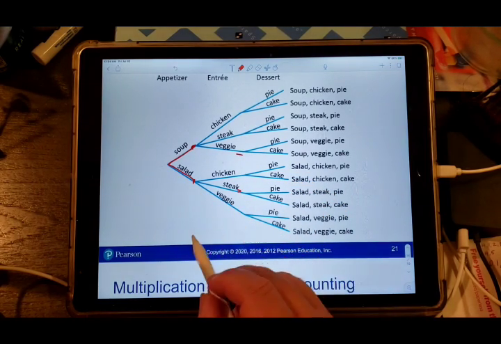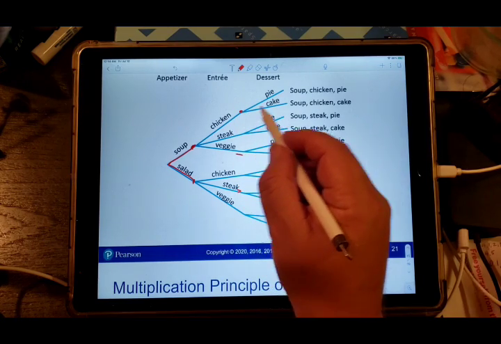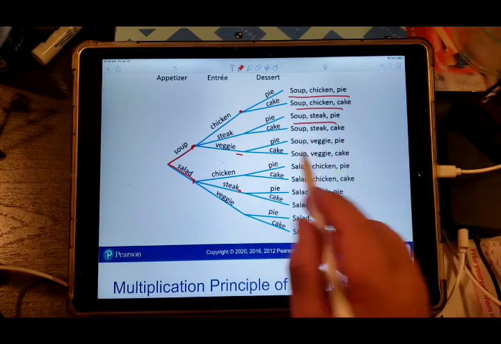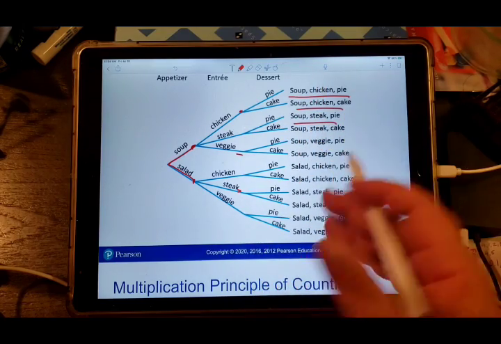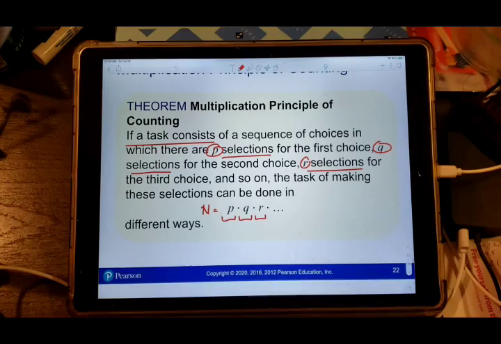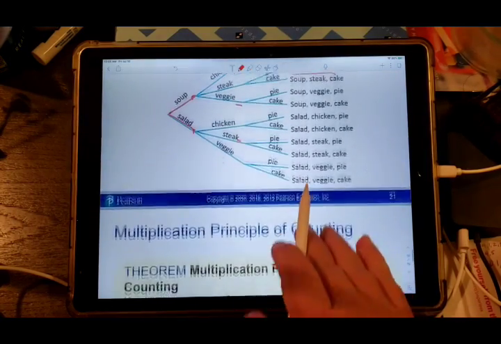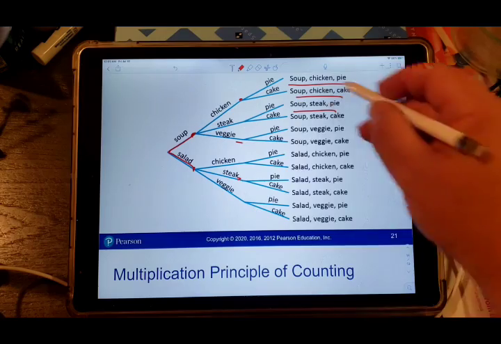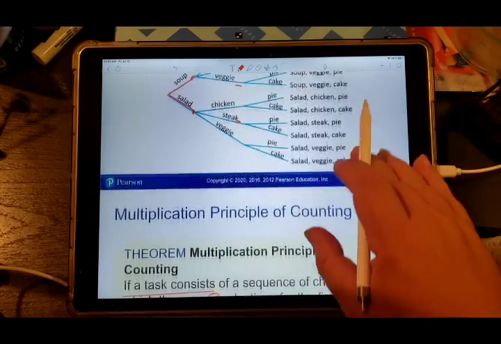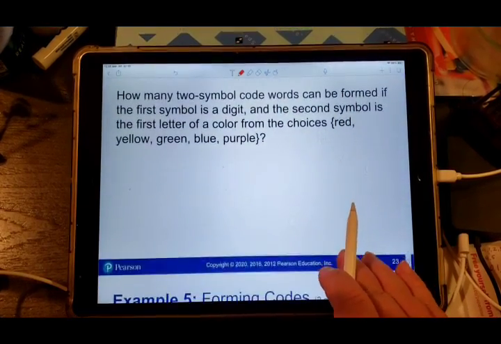And then the final decision is, are you going to get pie or cake? And this way of organizing it gives you all of the lists. And if you counted it, there'd be 12 there. So counting, the whole point of this is counting frees you from having to actually make the list. And counting theory can do things for us that could be a lot of work otherwise.